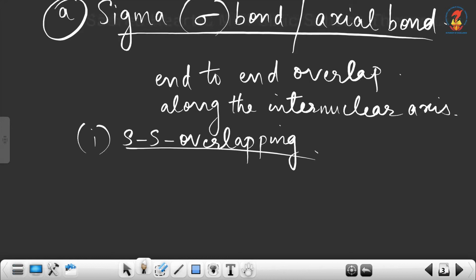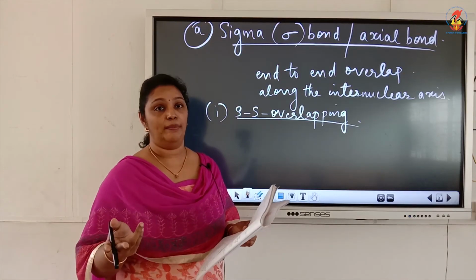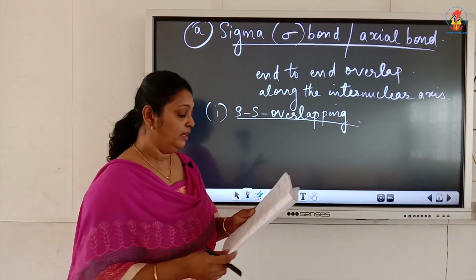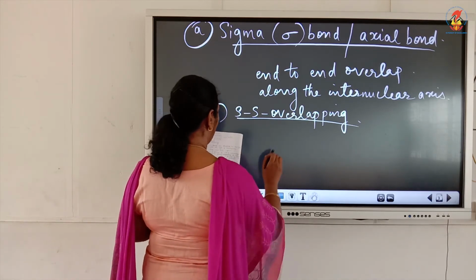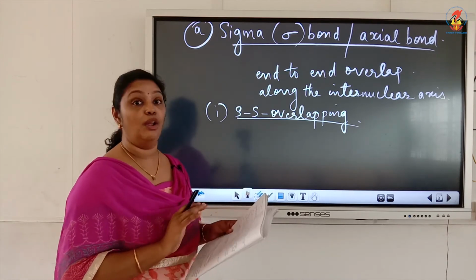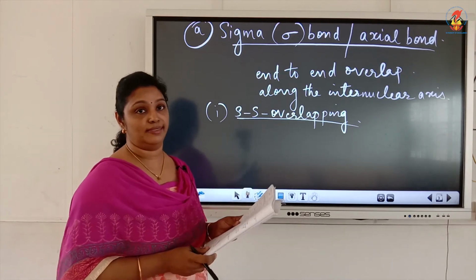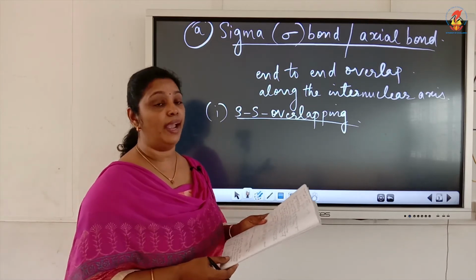When you hear the word SS overlapping, it means a half-filled S orbital of one atom overlaps with a half-filled S orbital of another atom. We get SS overlapping, or we get a sigma bond. So SS overlapping means overlap of two half-filled S orbitals along the internuclear axis, because we know sigma bond is formed along the internuclear axis.